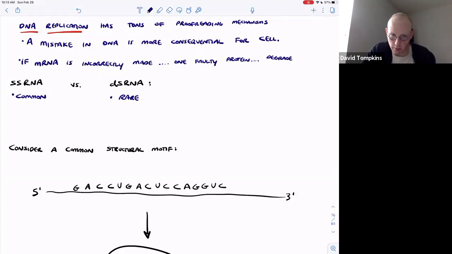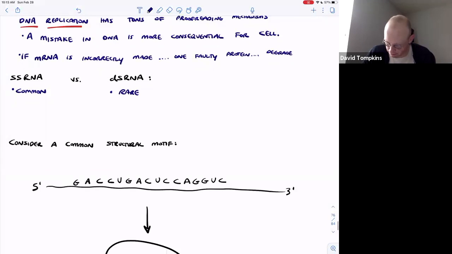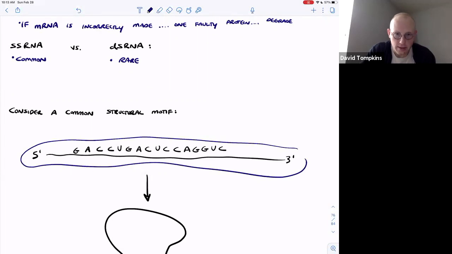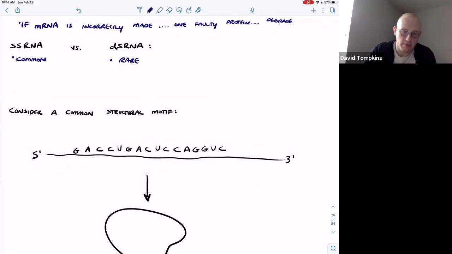Right? DNA forms a double helix, and single-stranded RNA does not. So we won't talk much about a folding process because we simply have a single nucleotide strand or a single nucleic acid, in most cases for messenger RNA, tRNA, etc.